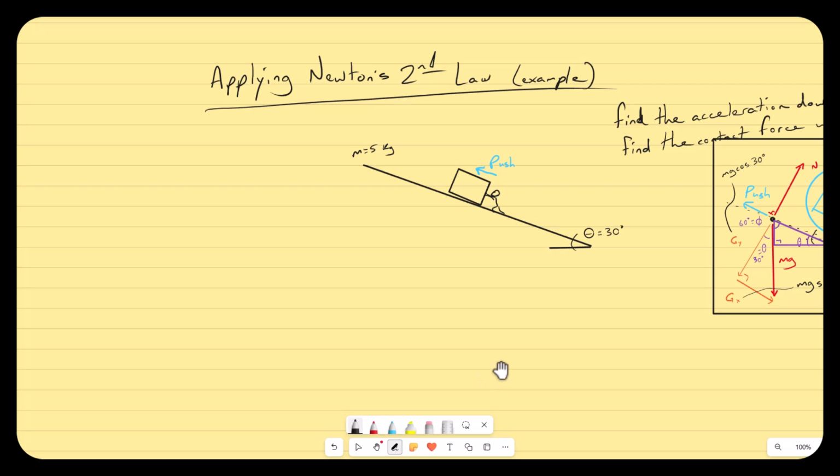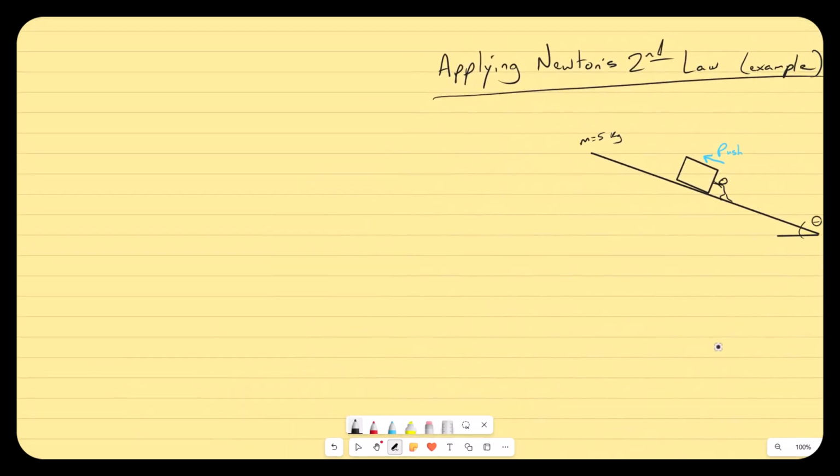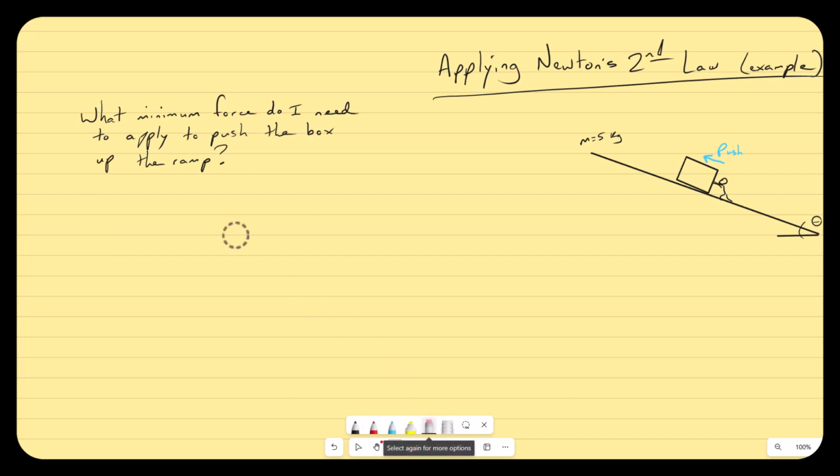I've got this same setup, and now I'm going to ask a different question. What minimum force do I need to apply to push the box up the ramp? So I set up my same equations that I had before, and I'm really only worried about the x direction.